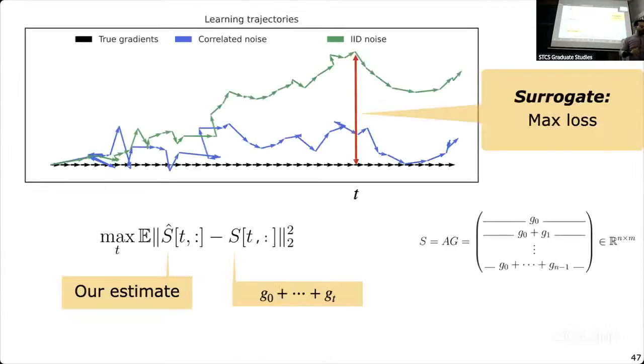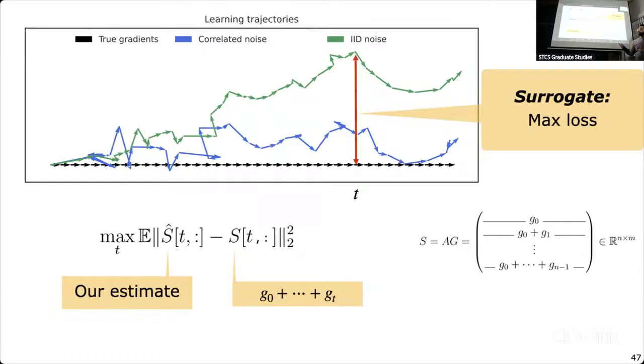All right. So the second to last thing in the background is our surrogate. This is what we actually optimize to find the C matrix. So how far is our trajectory moving? This S is the matrix of prefix sums, as I said, and S hat would be the prefix sums that we estimate. We want those to be uniformly close. So we pick the t-th row and make sure that the worst case across all time is close in the squared norm sense.